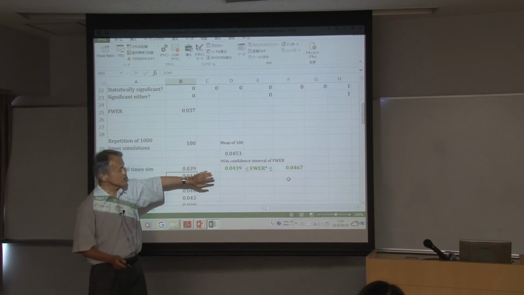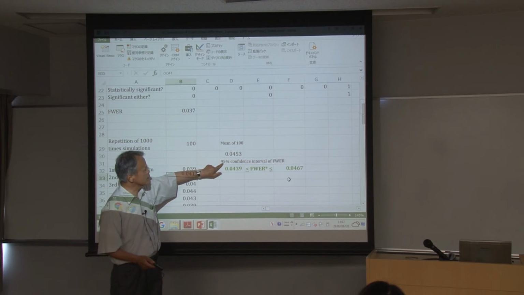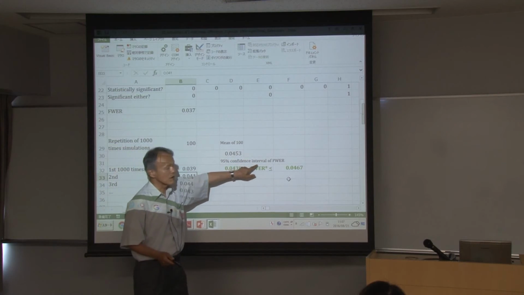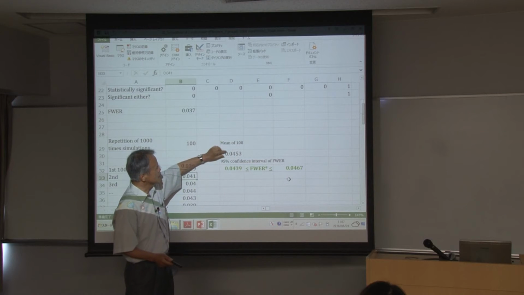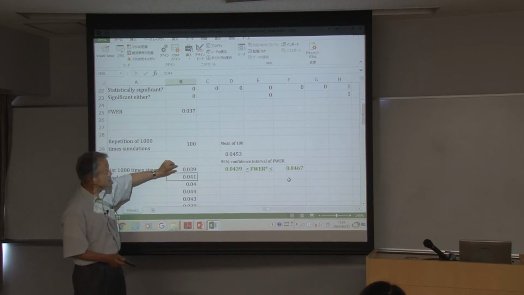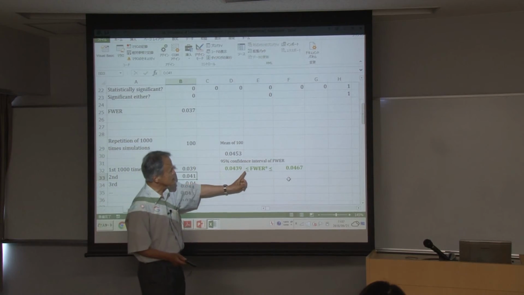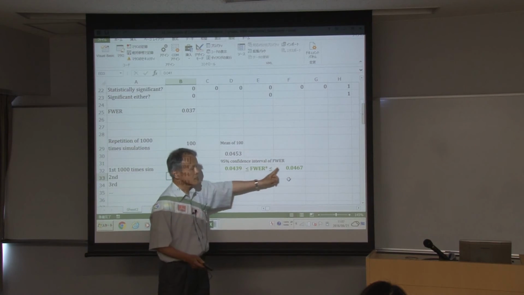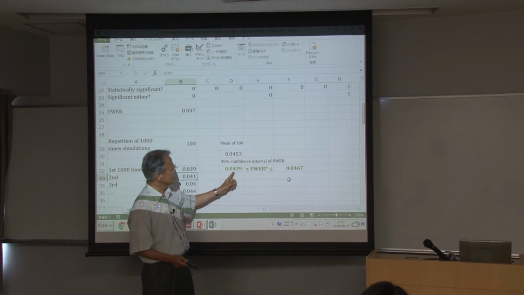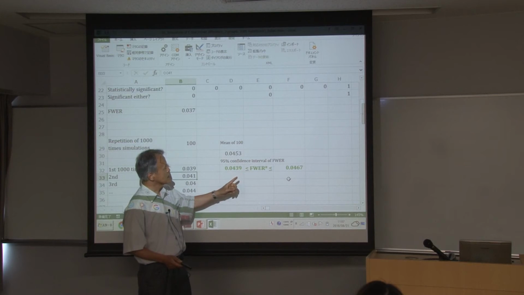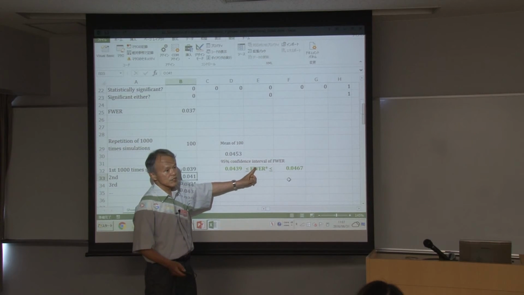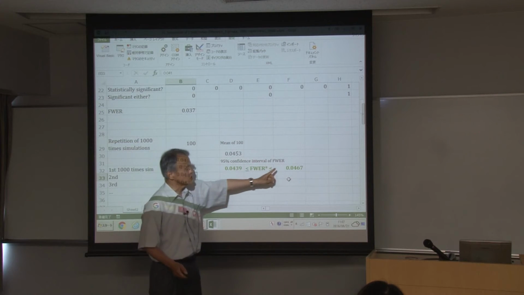And you can calculate the 95% confidence interval of FWER. This is the mean value, and this value fluctuates. Then you can obtain this confidence interval range. So the true FWER is probably in this range.